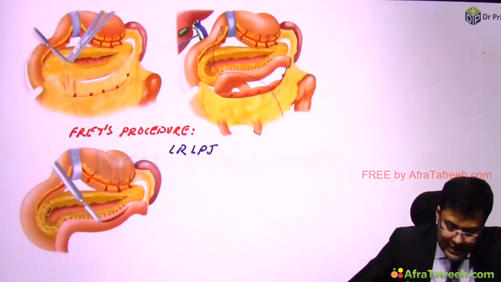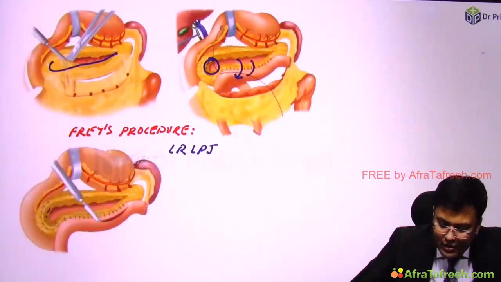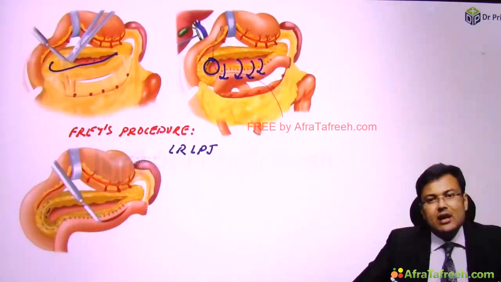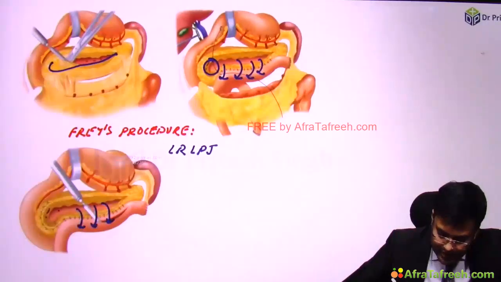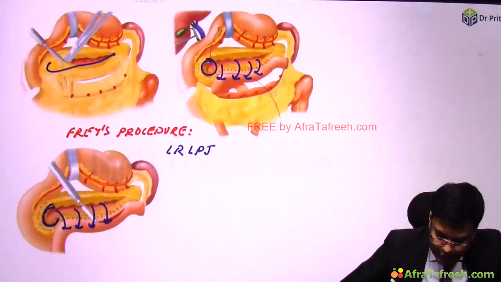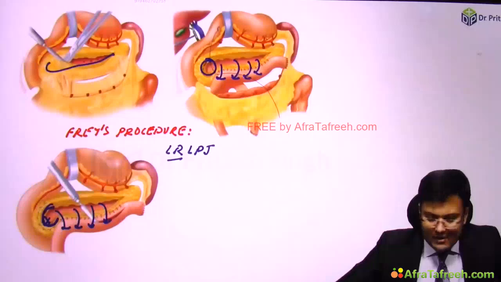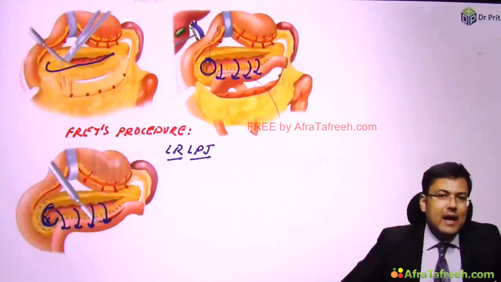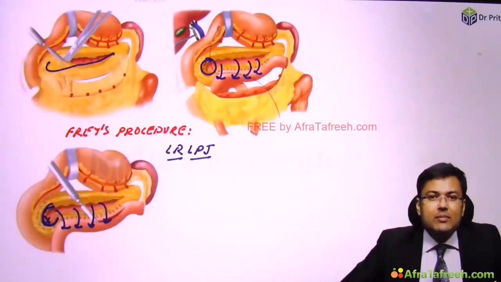I'm going to open this duct, and after that I'm going to excise this pancreatic head, and then I restore the continuity of this duct along its whole length with the jejunum. Here the continuity is restored, and simultaneously I excise the pancreatic head. So it is local resection of the pancreatic head with longitudinal pancreaticojejunostomy. So these are the three procedures which are commonly asked in relation to chronic pancreatitis.